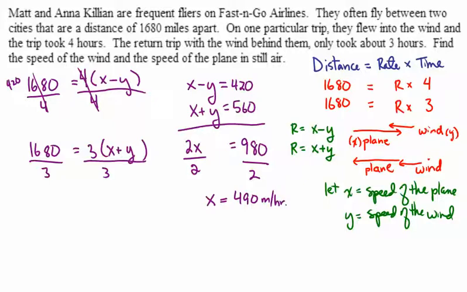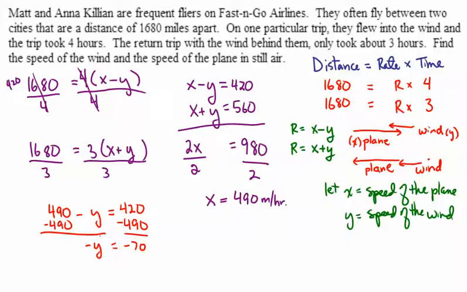And I can calculate then the speed of the wind using either one of my equations. And I'll just use the first one. So if I go to 490 minus y equals 420, subtract 490, subtract 490, and we get negative y is equal to negative 70.